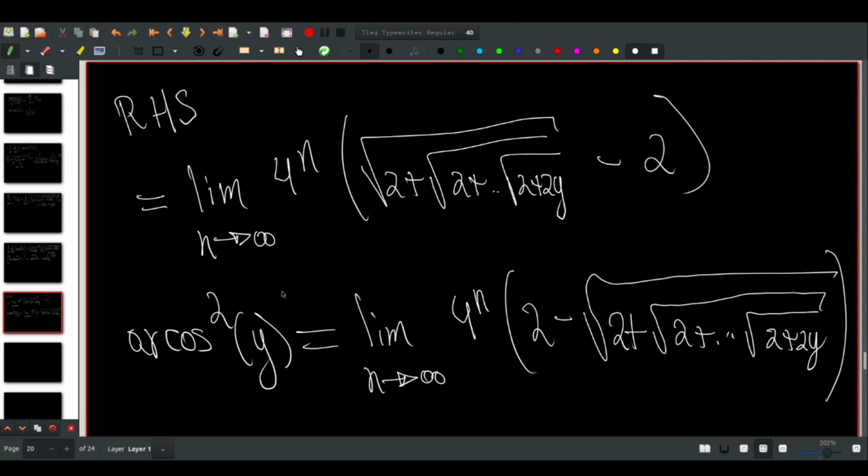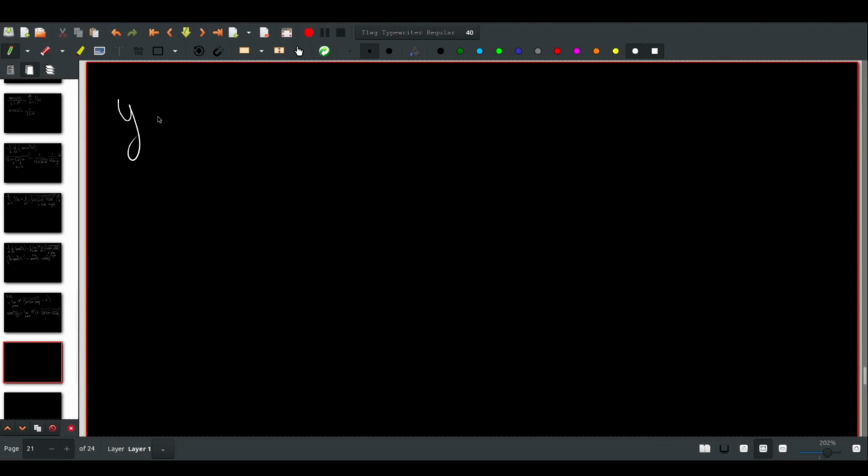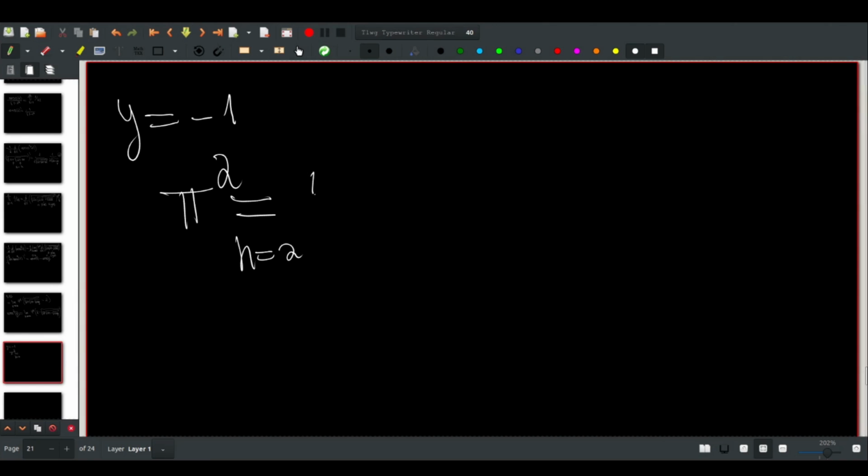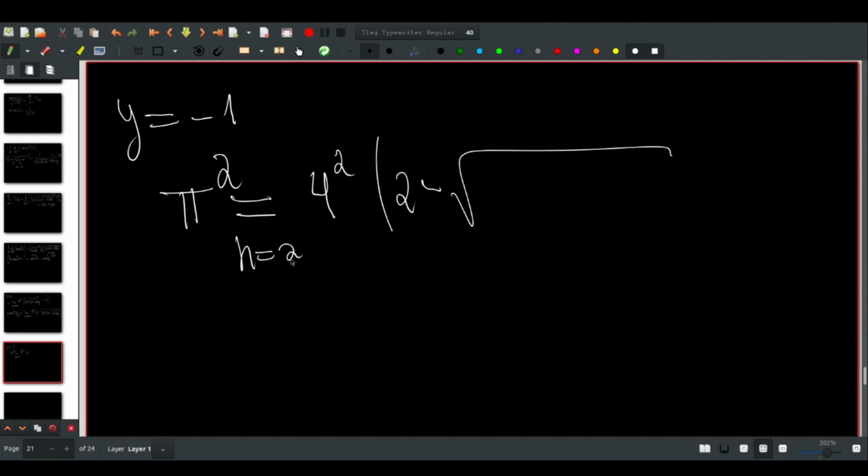Okay, so now we can make use of this formula to also approximate pi. For example, we can use y equals minus 1, for which we know that the arccosine is exactly pi. So the left hand side is pi squared, the arccosine of minus 1 squared. And I'm going to evaluate it for some particular n. Let's say we evaluate it for n equals 2. What this limit says is 4 to the 2 times 2 minus this root, and this root with 2 pluses.